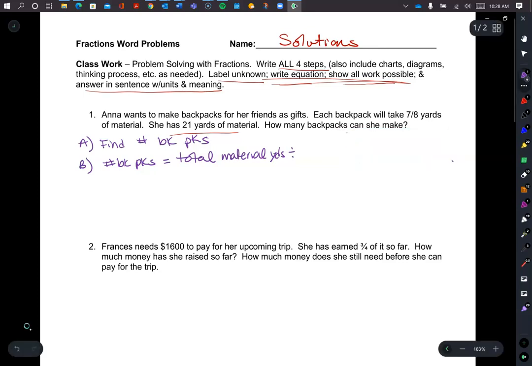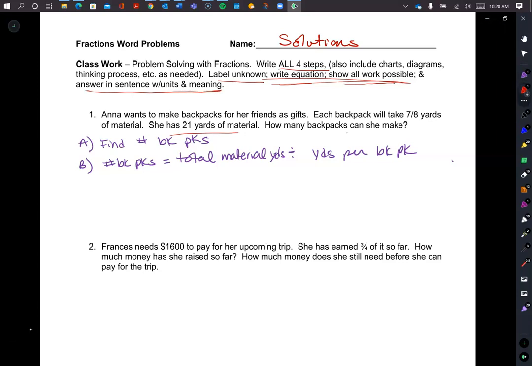I'm just going to get rid of my little picture there. Or backpack. Okay. Then we would fill in the numbers to go along with that. So we would have 21 divided by the 7/8 yard for each backpack.